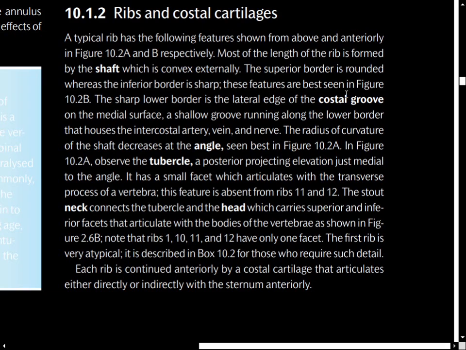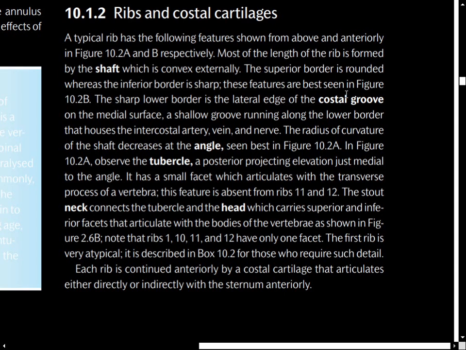Ribs and costal cartilage. A typical rib has the following features, shown from above and anteriorly. Most of the length of the rib is formed by the shaft, which is convex externally. The superior border is rounded, whereas the inferior border is sharp. These features are best seen here.